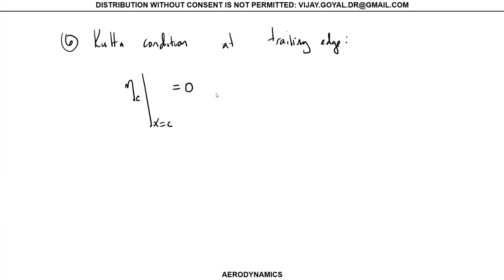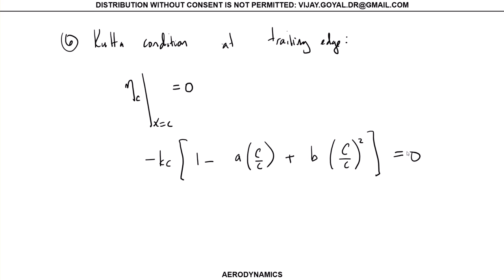So if I take this expression for the slope, which was already given in the problem, and replace x with c, I get 1 minus 2a plus 3b, c over c squared, equal to 0. This gives you 1 minus a plus b equal to 0. You've got a system of equations. Now you solve your system of equations.